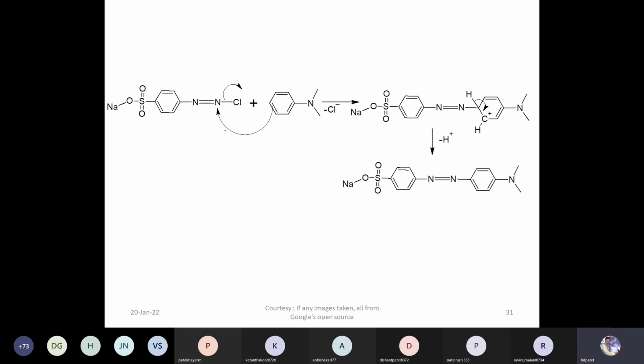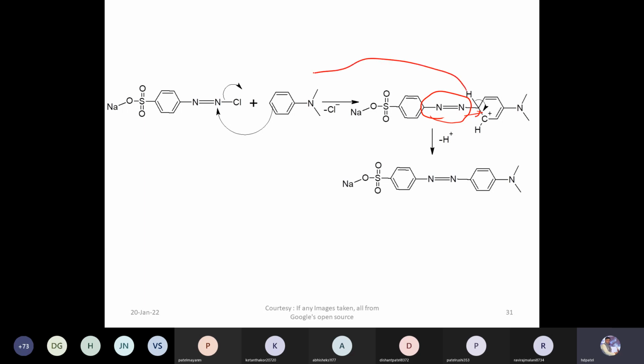So here you can see, from N double bond N Cl, Cl will be eliminated and the para position will attack on this position. So we are having N double bond N, which is bound with the para position of N-dimethyl aniline, and then removal of H plus, that is called deprotonation, will take place.